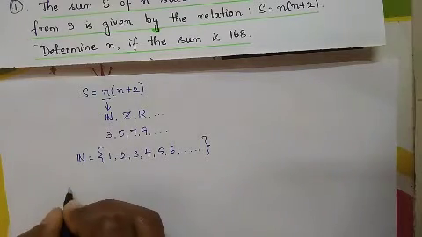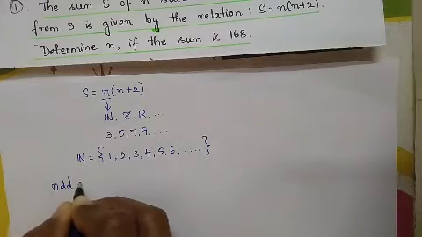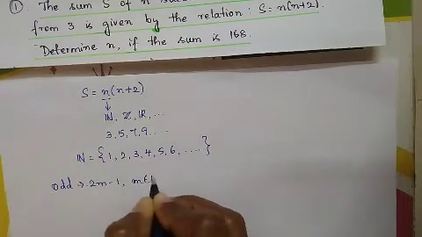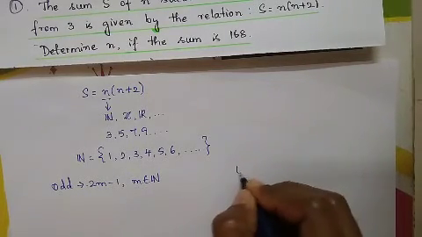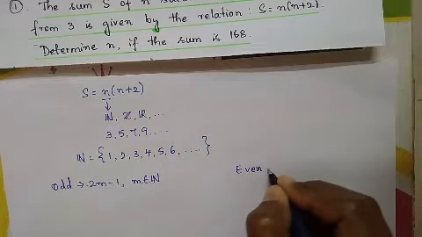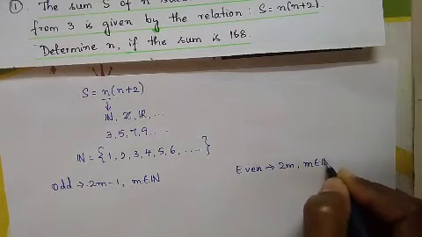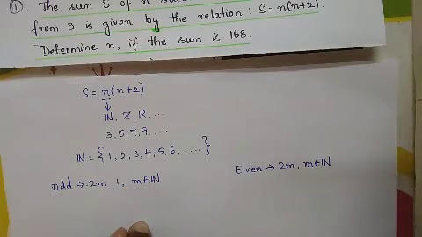The odd numbers are denoted by 2m minus 1 where m belongs to the set of natural numbers, and the even numbers are denoted by 2m where m belongs to the set of natural numbers. Now m is clearly from the set of natural numbers.